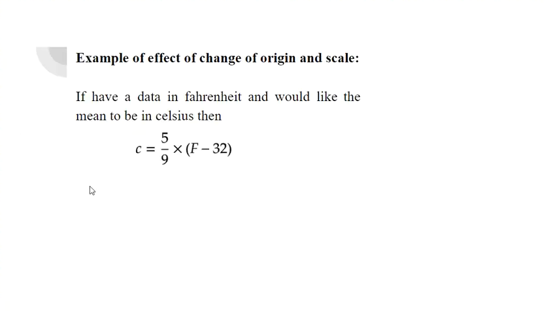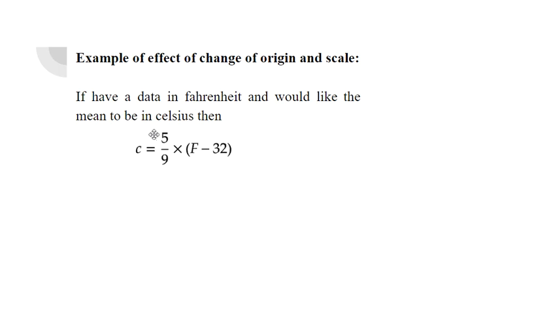Next, let's have an example of effect of change of origin and scale. If we have data in Fahrenheit and would like the mean to be in Celsius, then Celsius is equal to 5 upon 9 into F minus 32.